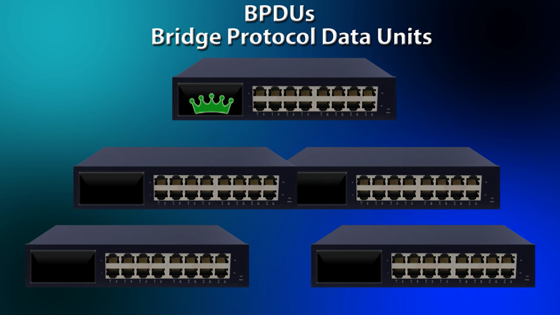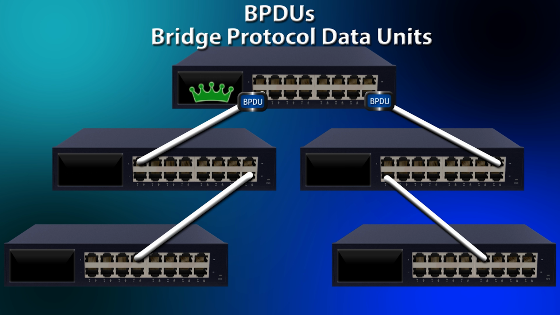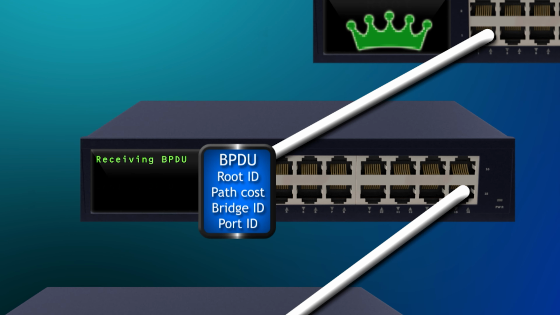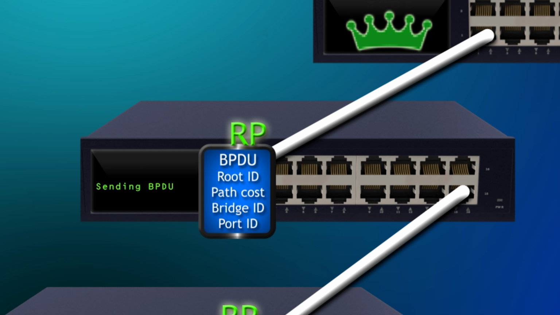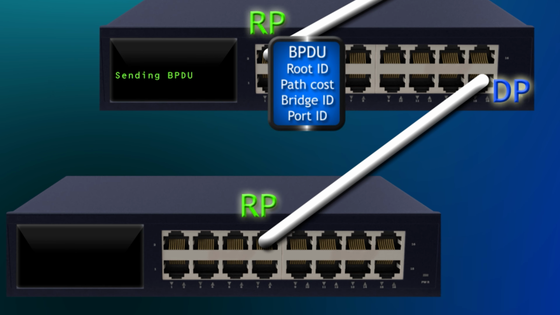So if only the root bridge sends out BPDUs, then how do they reach the whole network? Well, that's a great question. The root bridge is the only switch that originates config BPDUs and sends them out at regular intervals. When non-root switches receive one on their root port, they create a new BPDU. They add their own port cost to the path cost, insert their own bridge ID and port ID into the appropriate fields, and send that new BPDU through their designated ports.